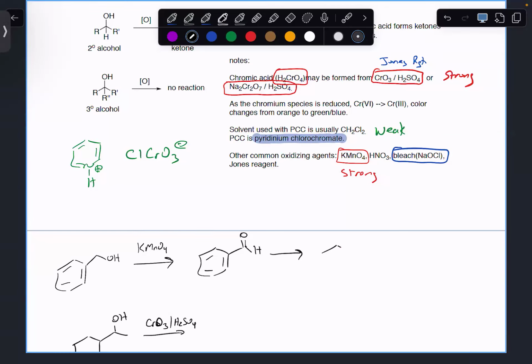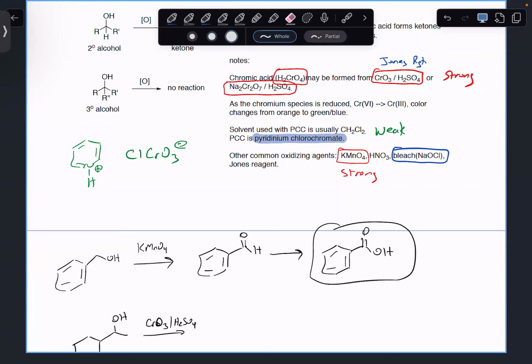It will oxidize up to the corresponding carboxylic acid, and that is what you would isolate. So the point is, with these strong oxidizing agents, if you're using a primary alcohol, yes, it will go to the aldehyde, but then that oxidizes further. There's no way with a strong oxidizing agent to stop at the aldehyde stage.